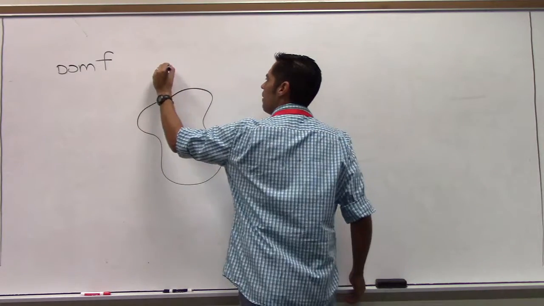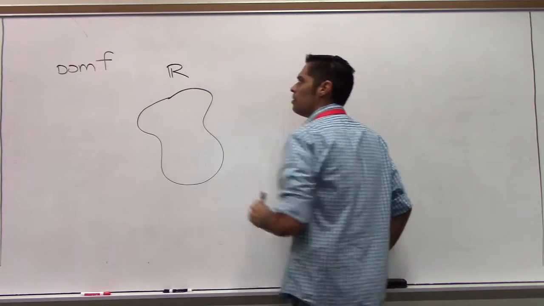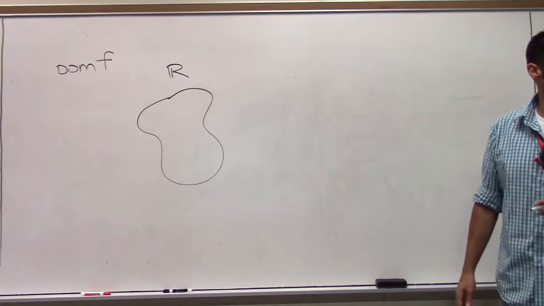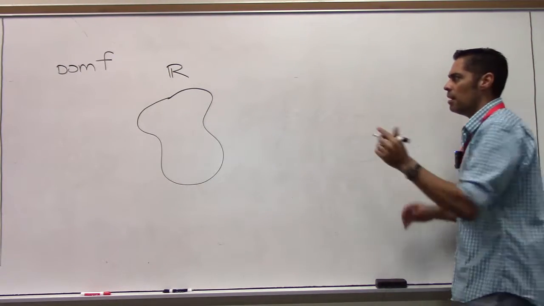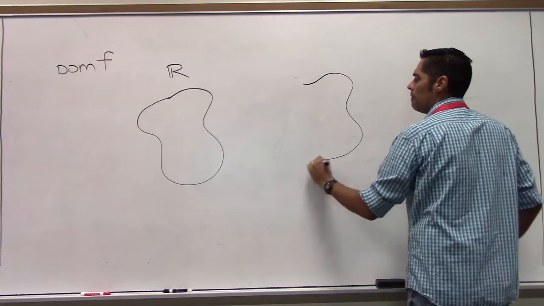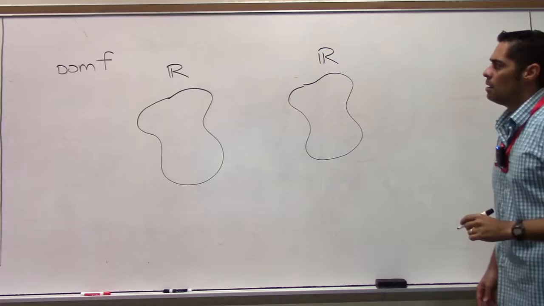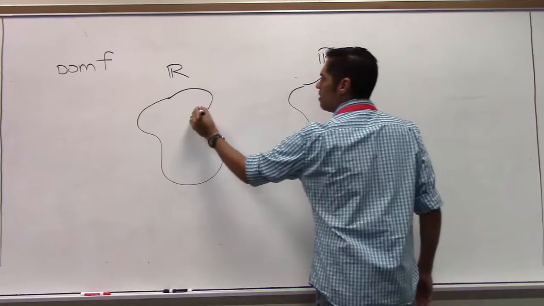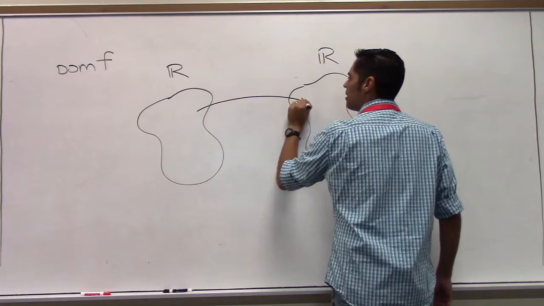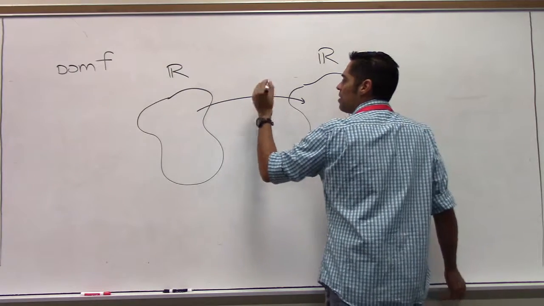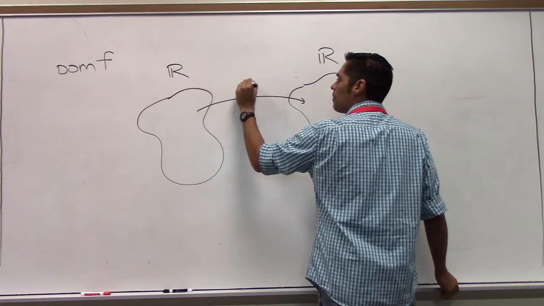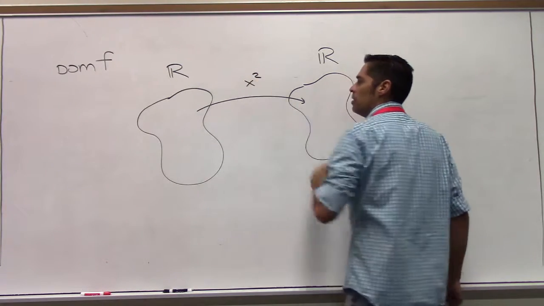Have y'all seen this before? A double struck R, that means all real numbers. Y'all okay with that? That means everything that we know. All right, and then over here, let's say that this is all real numbers over here. And so let's say that I define a function that goes from that basket into this basket, and I'm just going to say it's the x squared function.